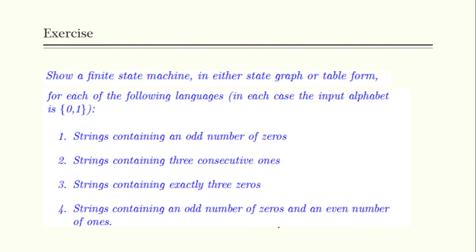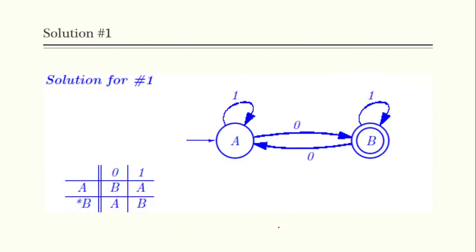So this machine only accepts 0 and 1. The first one, strings containing an odd number of zeros. The second, strings containing 3 consecutive 1s. The third, strings containing exactly 3 zeros. And the fourth, strings containing an odd number of zeros and an even number of 1s. Okay, so here are the solutions.